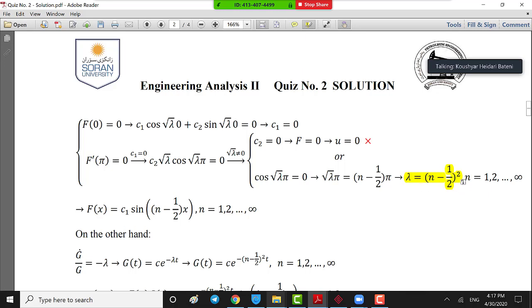Right? Now, when lambda is equal to this, f of x, which was c times sine of a square root of lambda x, a square root of this lambda becomes n minus 1 over 2. So f of x becomes this. Right?